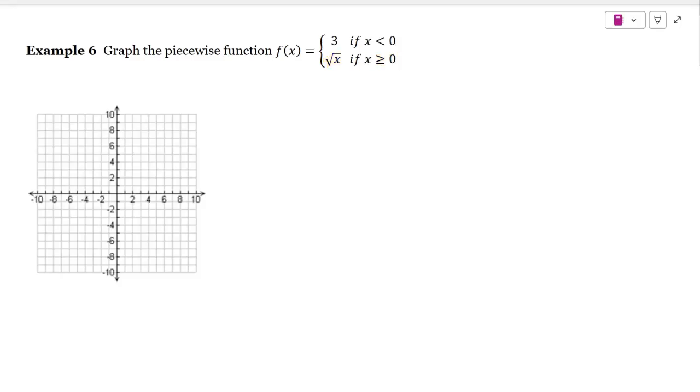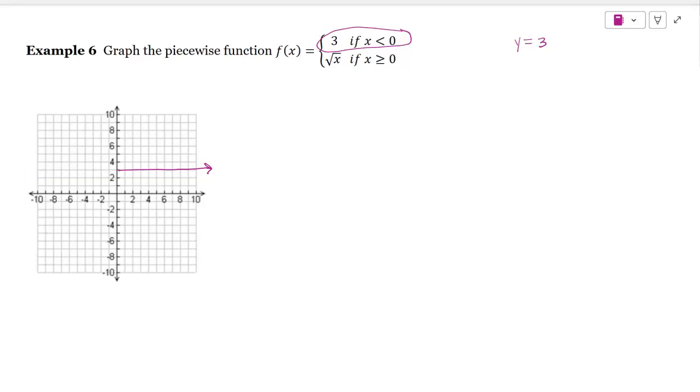So let's draw this. I'm going to look at the first option. To say that my function is equal to 3, that's the same as graphing y equals 3, which is a horizontal line. So that graph would look like this. But I only want to consider the values when x is strictly less than 0.